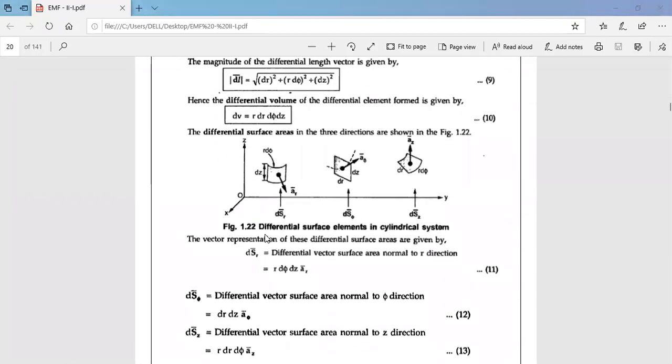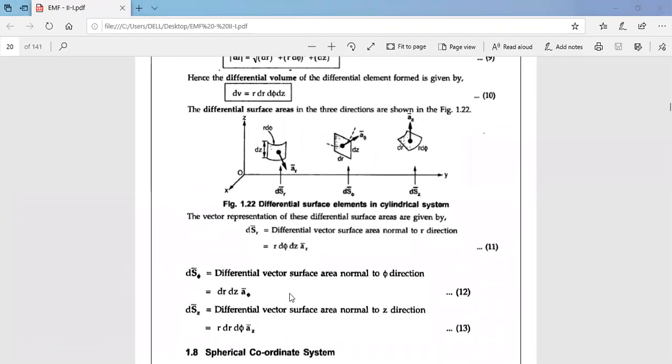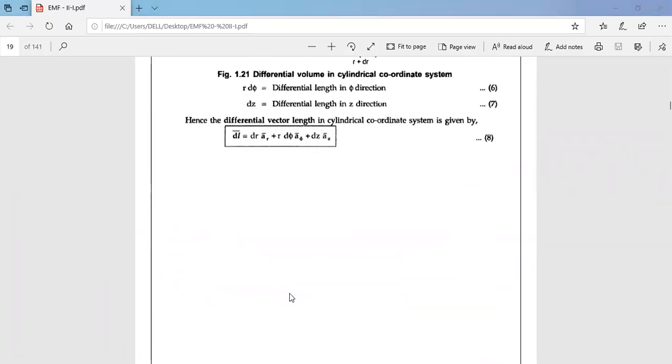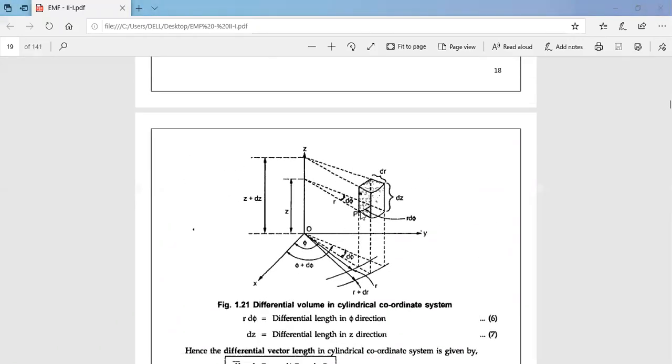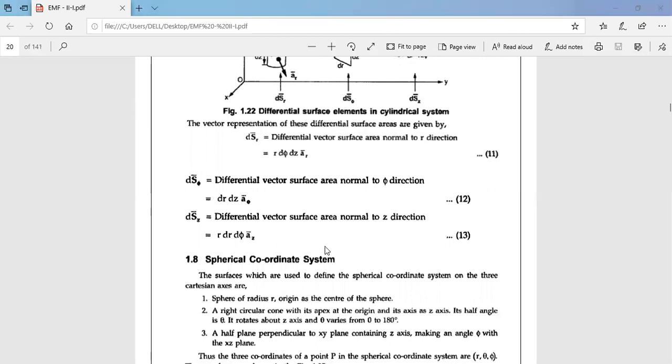And the other one now, the one going up, would be dr, r d phi in the aZ, which is r dr d phi in the aZ.